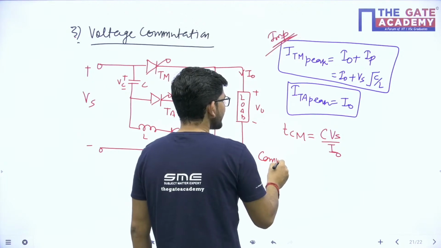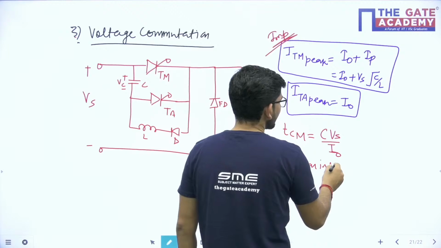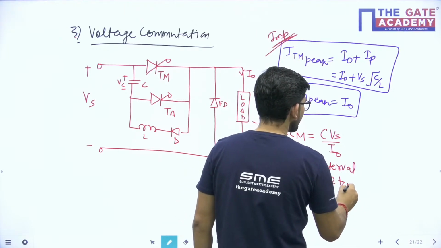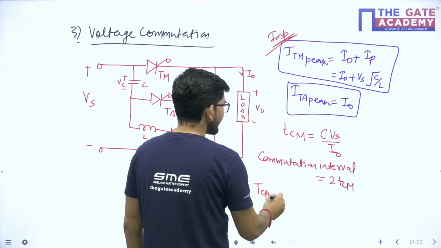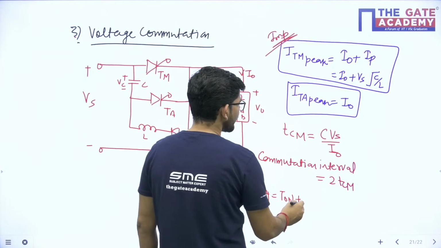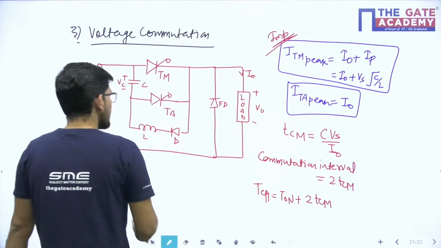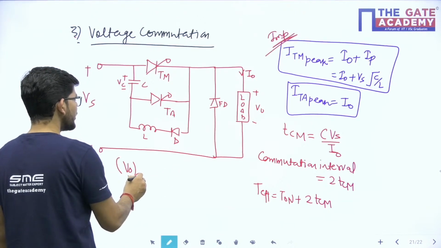Another important thing is the commutation interval. If you are asked to calculate the commutation interval, this is equal to 2 TCM. What is the T effective? T effective here is T on plus 2 TCM. So what will be the value of V naught average?